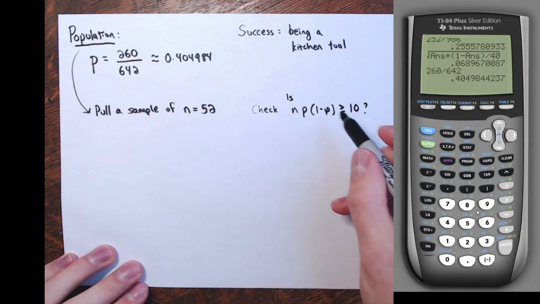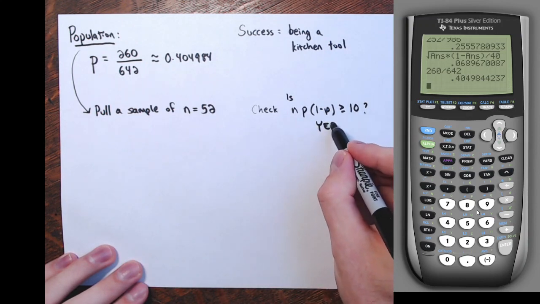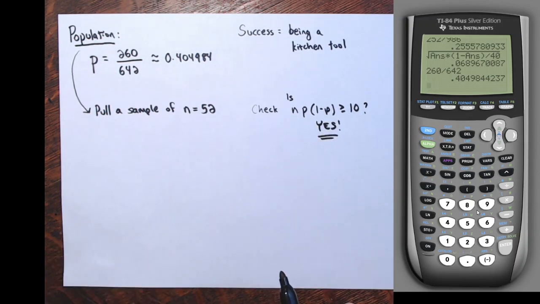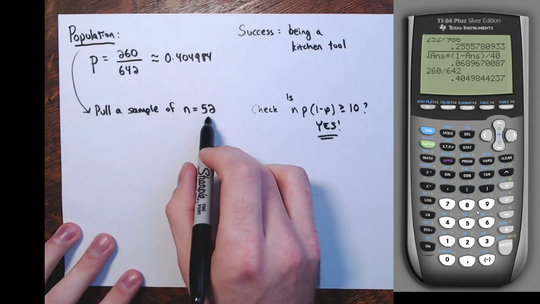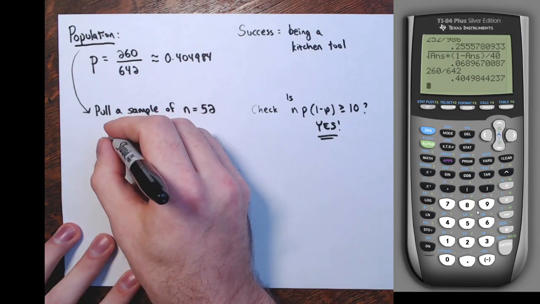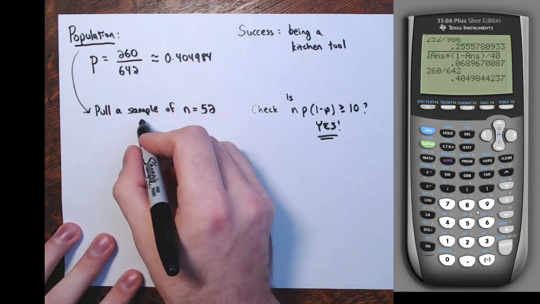So yeah, the answer is yes. You do have to check this condition, and it's real quick. So you pull a sample of size 52, and then you look at the p hats, the sample proportions.